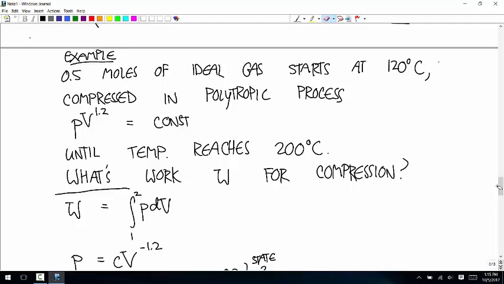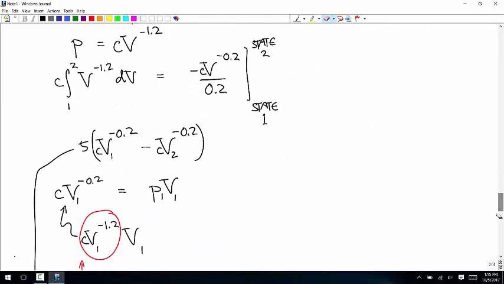Yes, that's right, exactly, V1 to V2. I kept writing it in terms of states because I didn't know when I was going to substitute stuff. If you're making substitutions here and there, you just have to remember that everything you substitute is at state 1 and state 2.